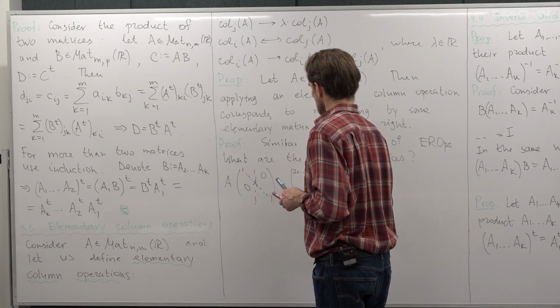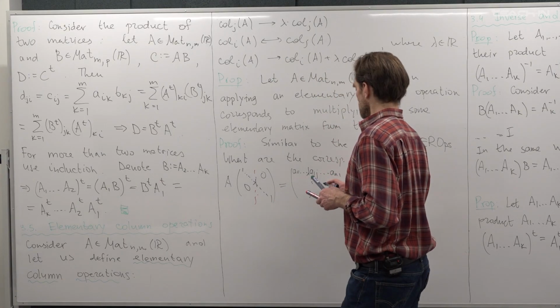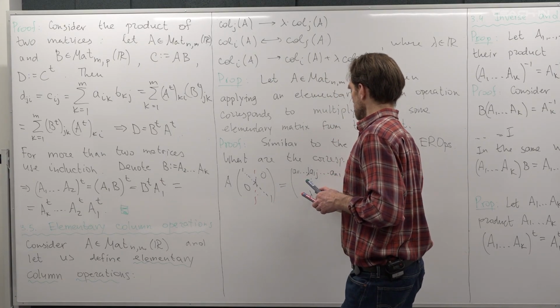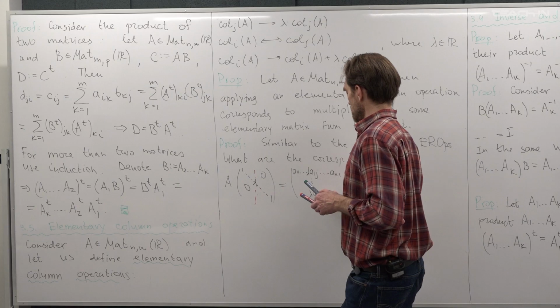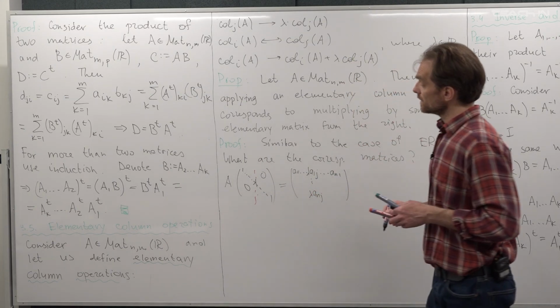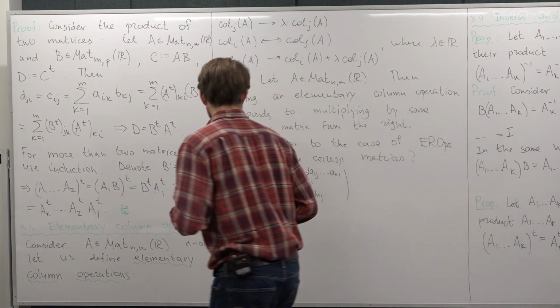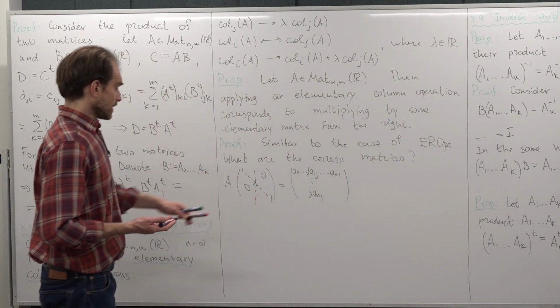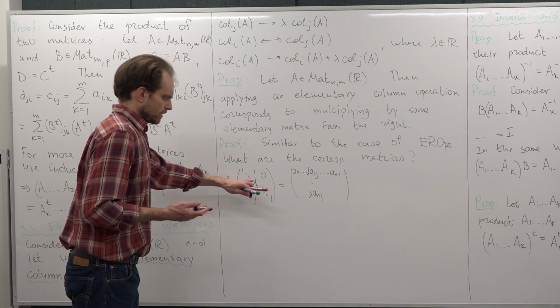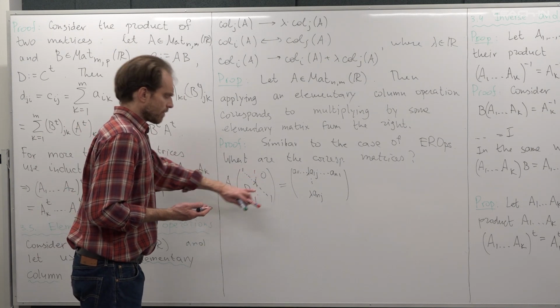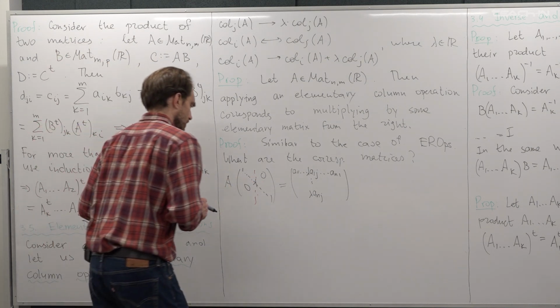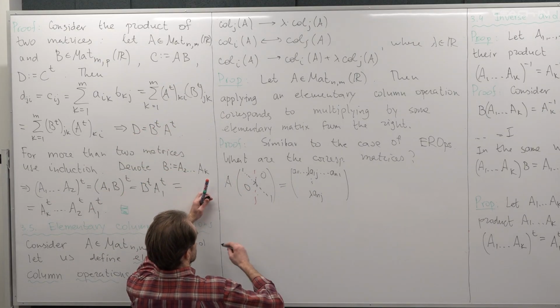So here I have lambda times A sub 1j and lambda times A sub nj, and all other elements remain unchanged. So this is one of these elementary operations. In fact, the matrix of the elementary column operation coincides with the matrix of the elementary row operation.